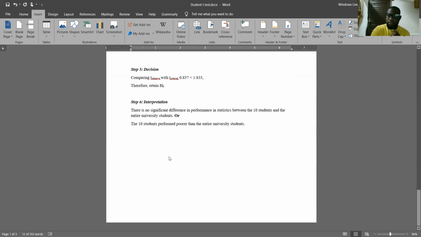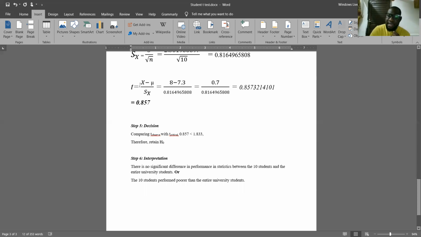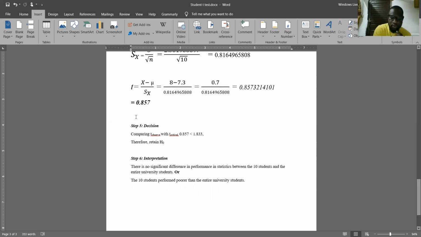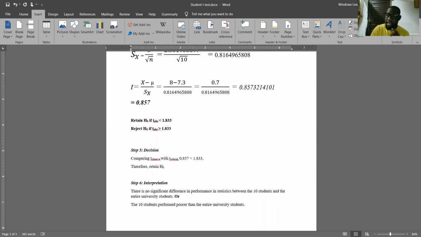Decision. In a decision, you are supposed to compare the value that you got, which is your 0.857, with your decision rule. So this value that we got under step 4, that 0.857, is the t observed that we mentioned at the decision rule. So let me copy and paste the t observed here next to the critical value so that we can compare.